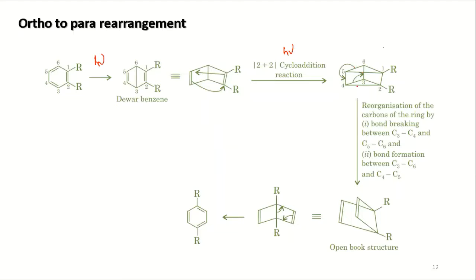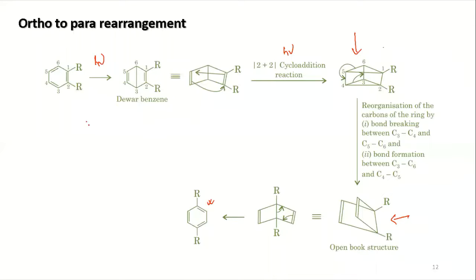Now you look at what bond has been opened. It is this one, right? Are you getting it or not? Yes, sir. So you have this probability too, and this is opening, and what you see is that these double bonds are forming, and if you count the number, your 2 R will be at the para position to each other. If you further proceed, you will have the para product.